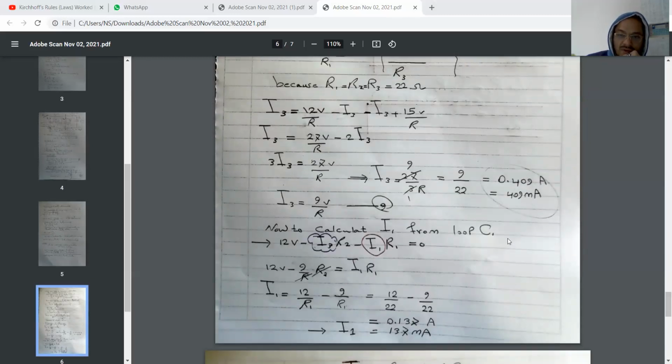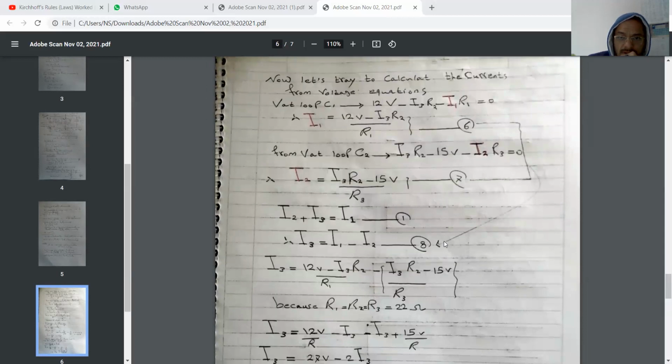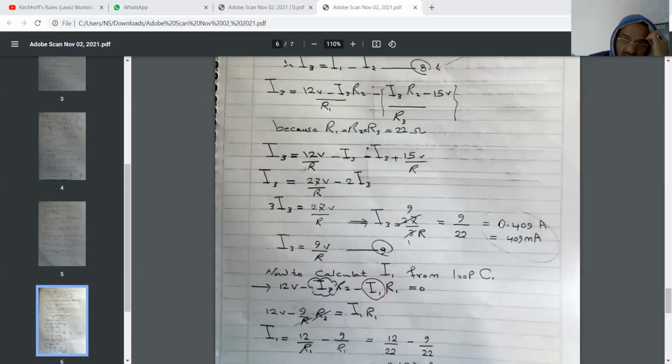Now to calculate I1 from loop C1, 12 volt minus I3 R2, the drop at resistance 2, minus I1 R1 equals 0, we can put the result of I3, 409 milliampere, in this equation to calculate the result of I1, or we can work directly on I2, and after that, if it's available, if we have the result of I2 from the second voltage equation of Kirchhoff's law, we can do that.